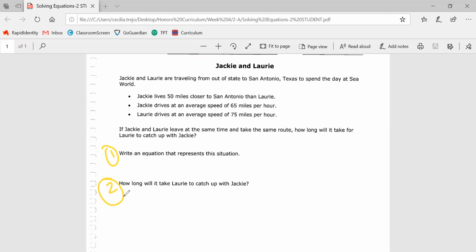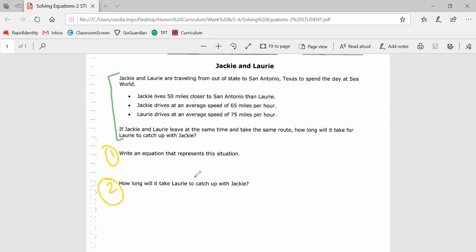Okay. So if we look at the situation they give us, this is the information here. All right, let's read it. It's titled Jackie and Lori. Jackie and Lori are traveling out of state to San Antonio, Texas to spend the day at SeaWorld. Well, probably this is pre-COVID.